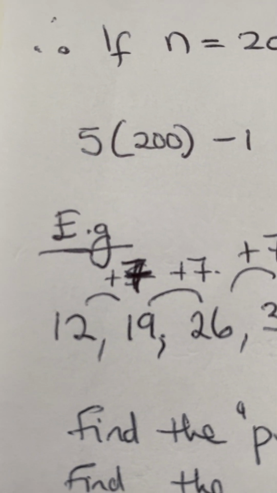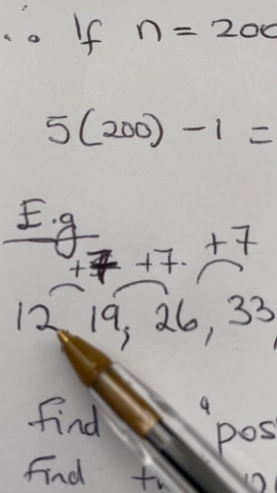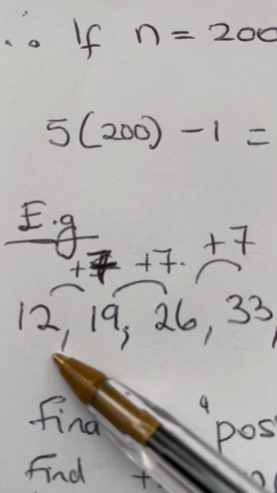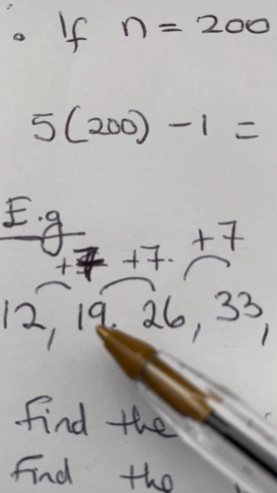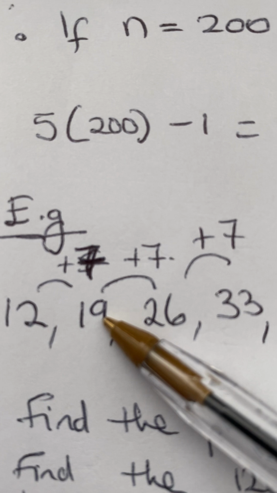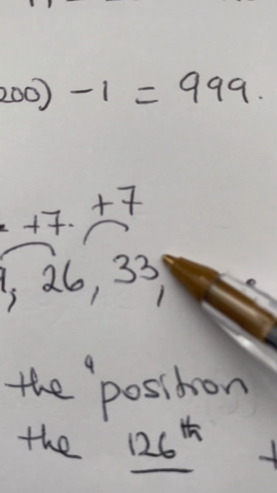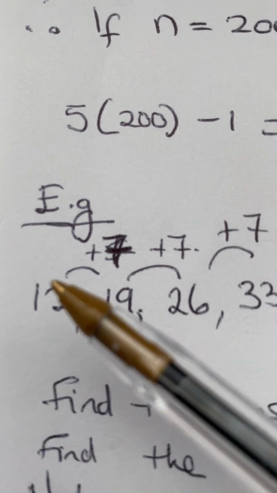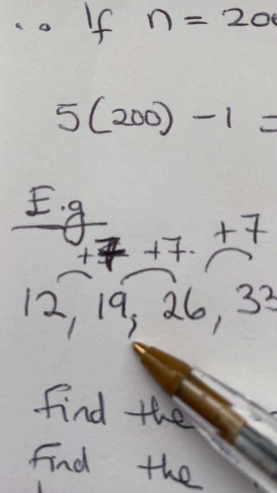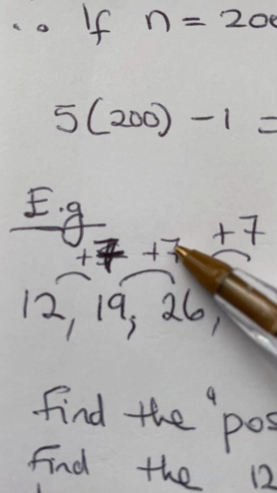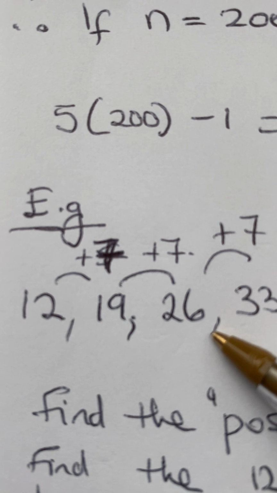We are going to use the same principle. The first term here is 12, the second term is 19, 26, 33. So 12, when we add 7, we get 19. When we add 7 to 19, we get 26.